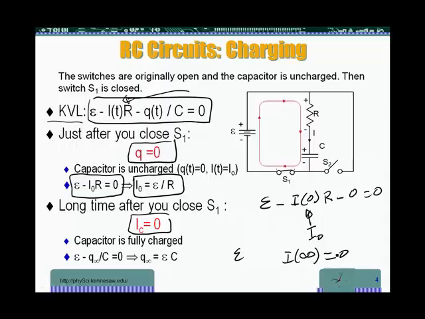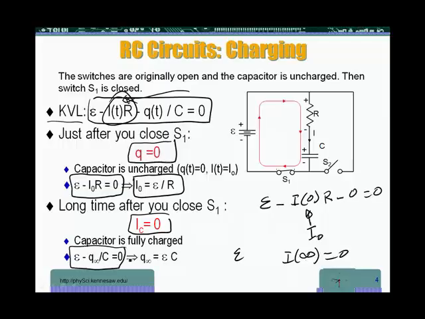We are calling it I sub c here, the current in the capacitor, because that's the only current we have, but I is going to become 0. If I is going to become 0, then this part of the equation becomes 0. We are left then with E minus Q over C equal to 0, and Q we are calling Q at infinity.